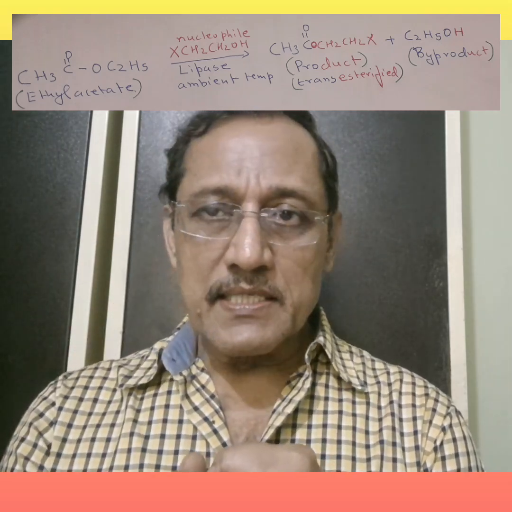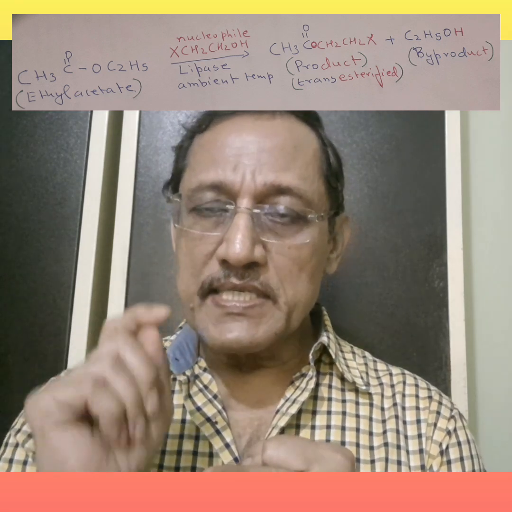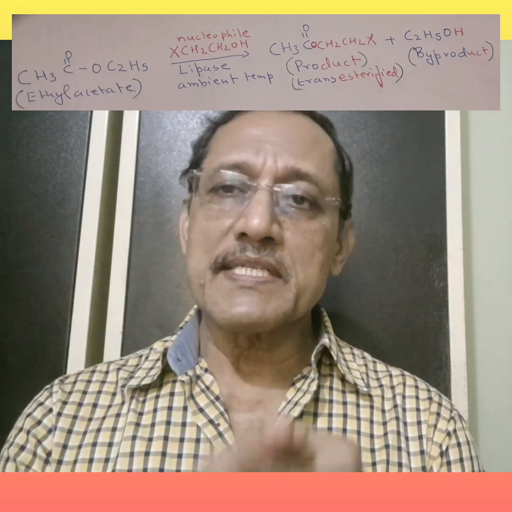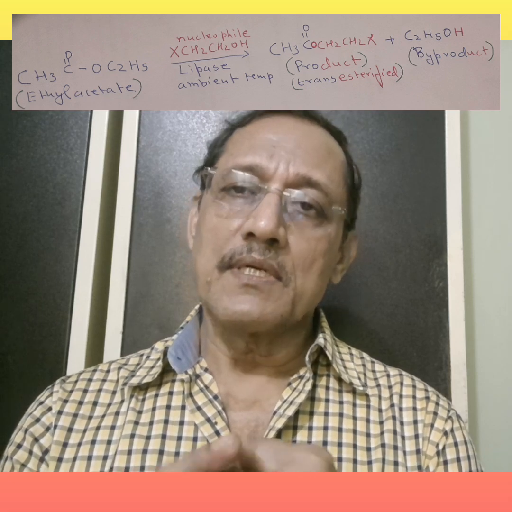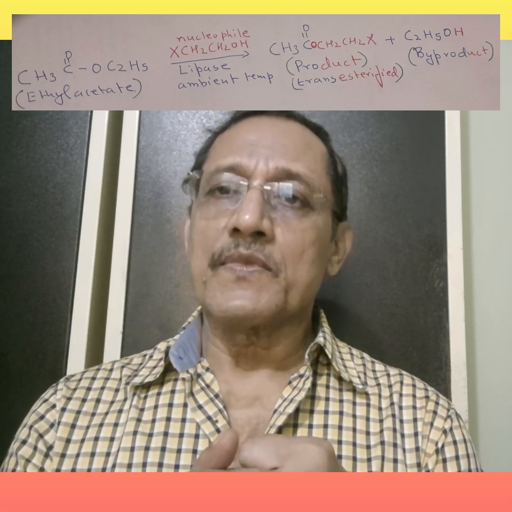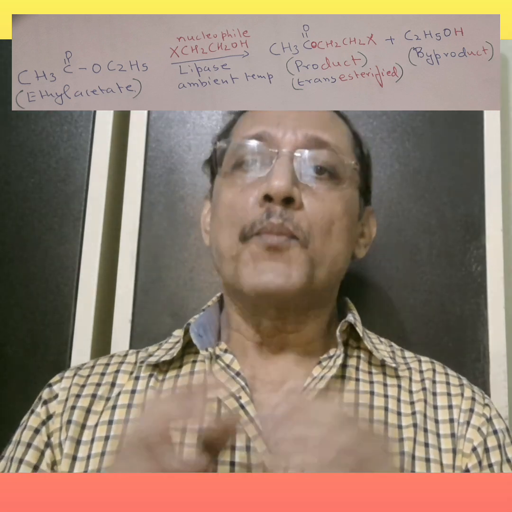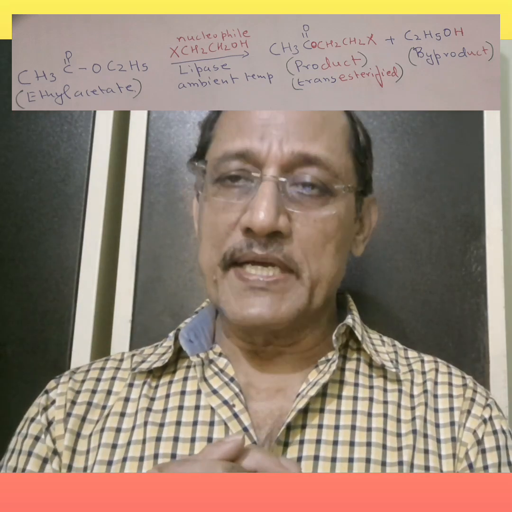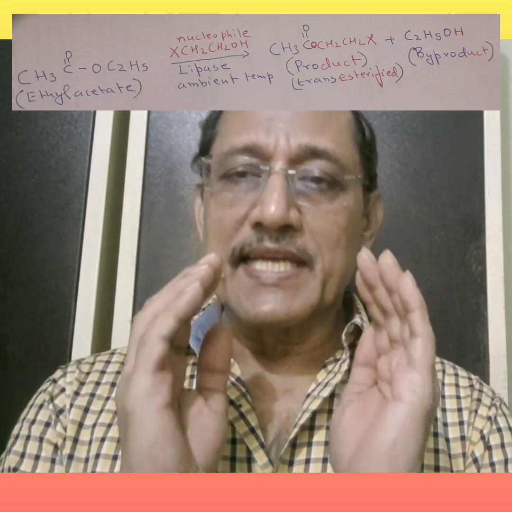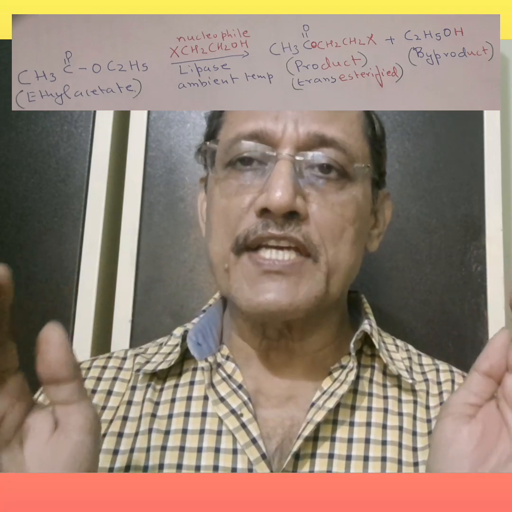Enzymes were the catalysts. We used lipase enzymes. Two lipase enzymes were used, Candida cylindracea and porcine pancreatic lipase. These reactions were transesterification reactions. Now regarding conclusion, steric or electronic, what do we bet on?